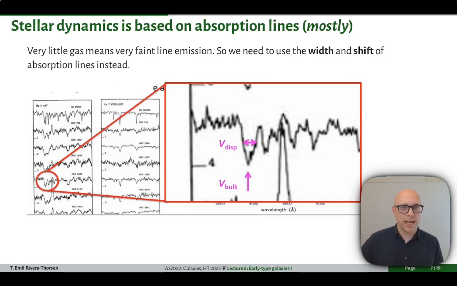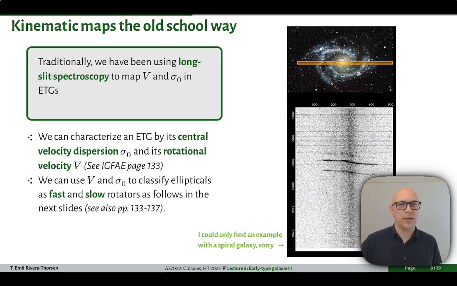The classical old school way to characterize the kinematics of galaxies is by using long slit spectroscopy, as we can see here. I need to apologize in advance that I could only find an example online that was using a spiral galaxy, but it works the exact same way if we had been looking at an early type galaxy.